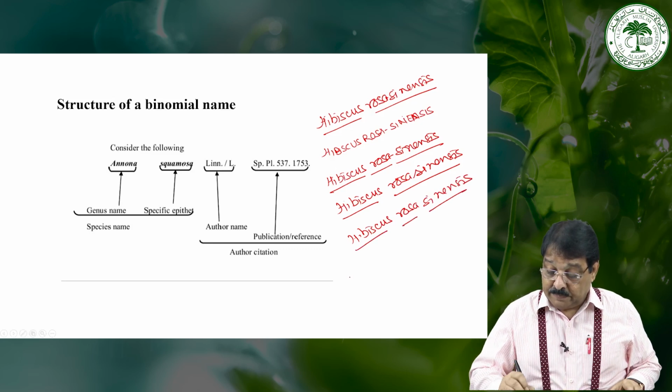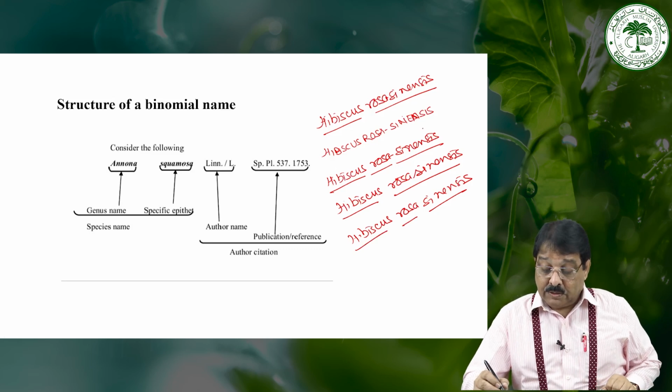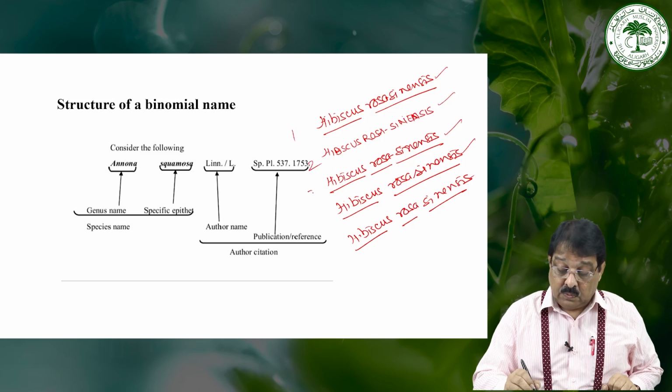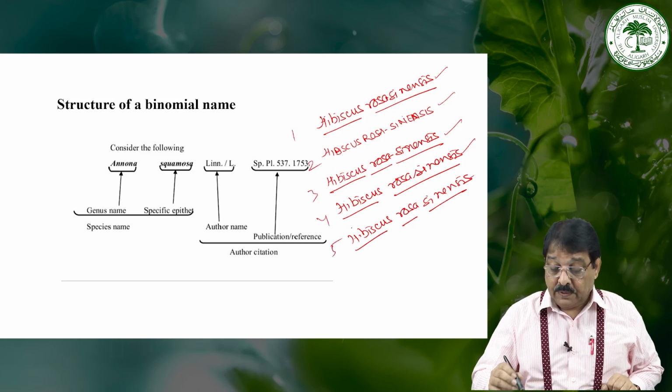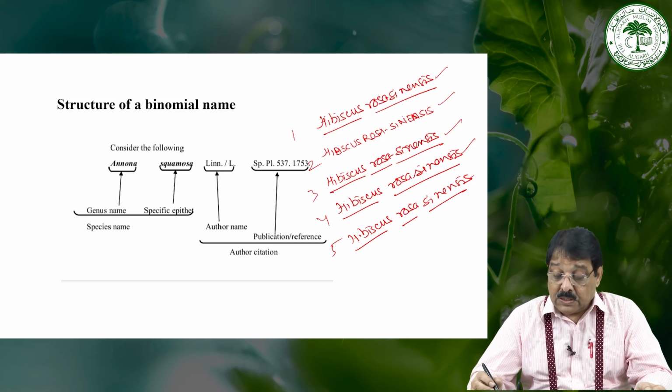It is like that. So if I ask which name is correct, either this one or this one, 1, 2, 3, 4, 5, out of these 5 names, which one is correct?